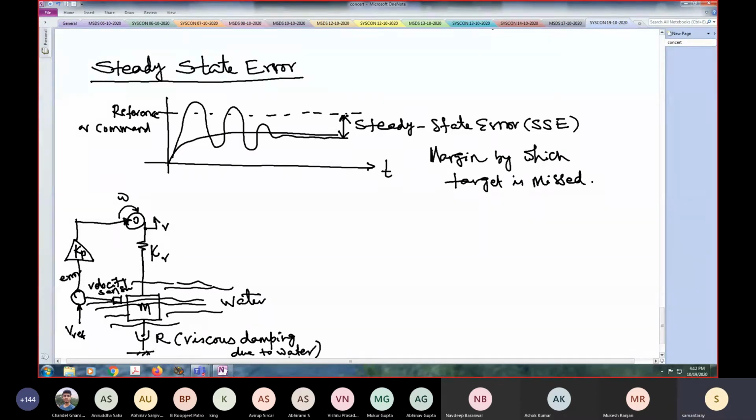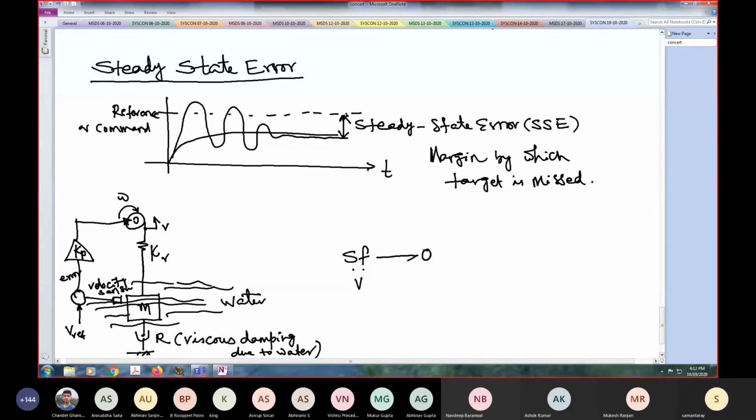So the model is straightforward for this kind of system. You don't have much complication for this. So we have a source of flow. I am not putting here omega and again a transformer R and all those things. I am straight putting velocity. This is my open loop system.